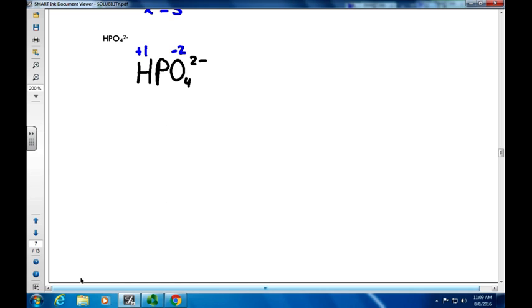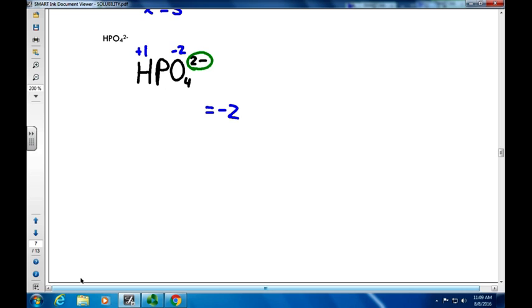But because the charge on this particular ion, this particular compound, is a -2, it's 2-, we're going to say that our oxidation states have to equal -2 instead of 0.